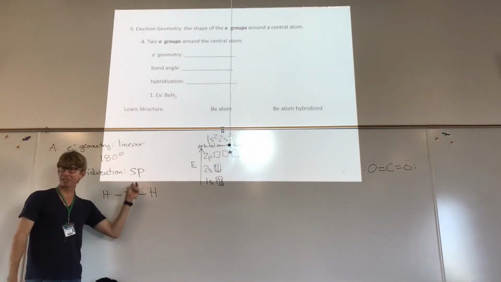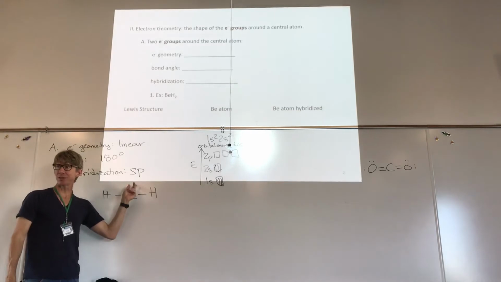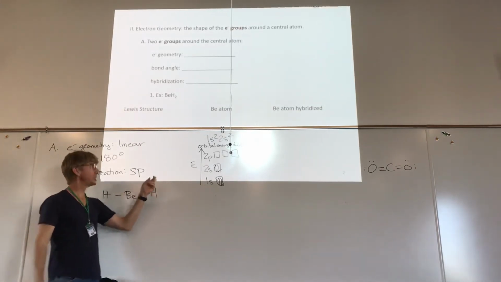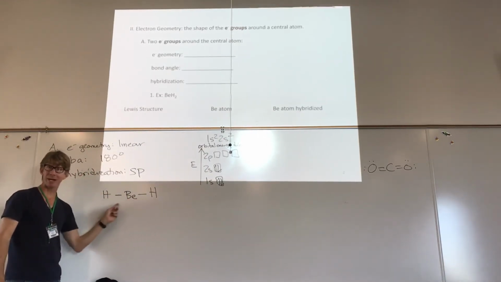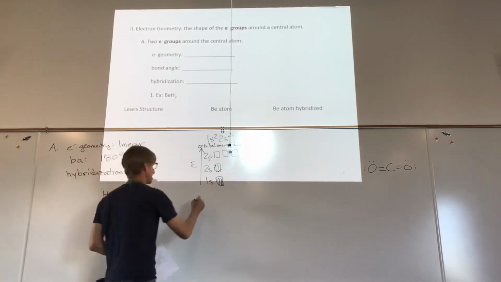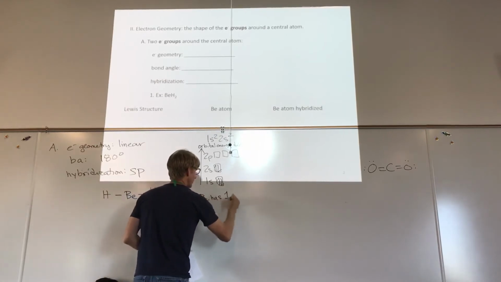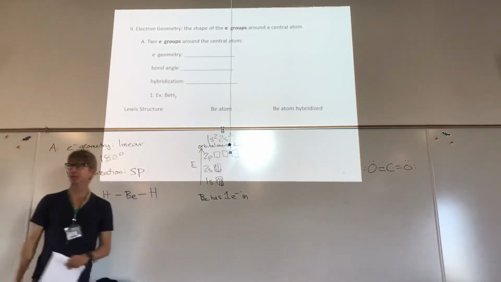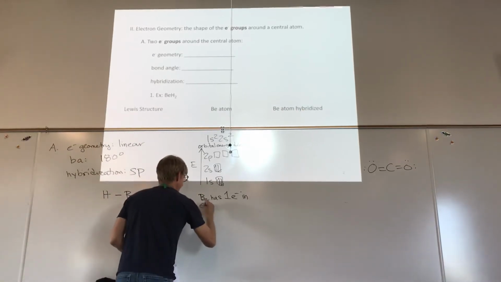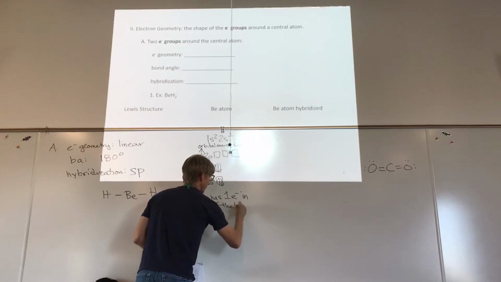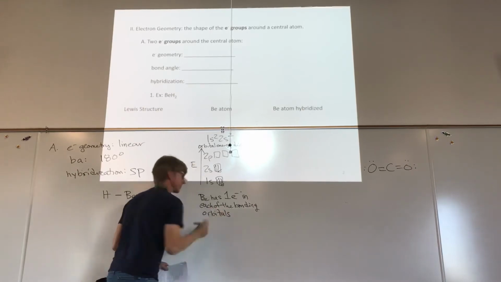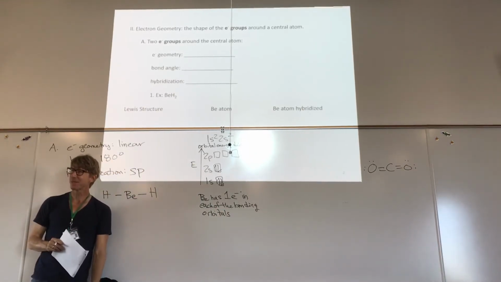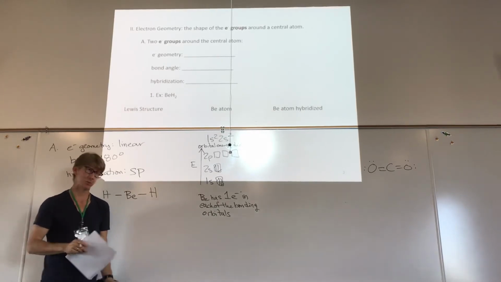I told you the hybridization. The only tricky thing sometimes is that when you hybridize, you know that this has to have 2 electron groups and 2 bonds. And the beryllium will have 1 electron in each of the bonding orbitals. Beryllium has 1 electron in each of the bonding orbitals, and the bonding orbitals are the hybridized orbitals.